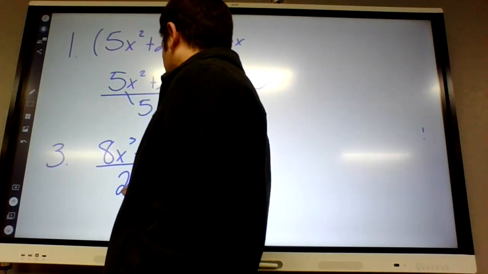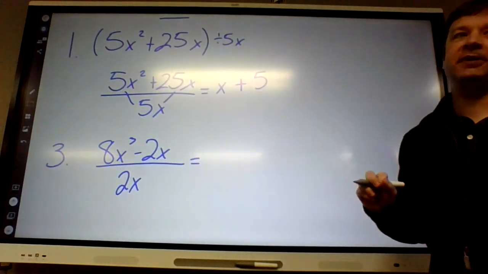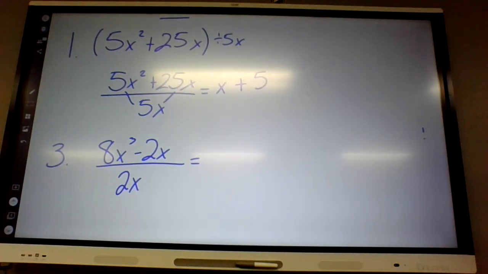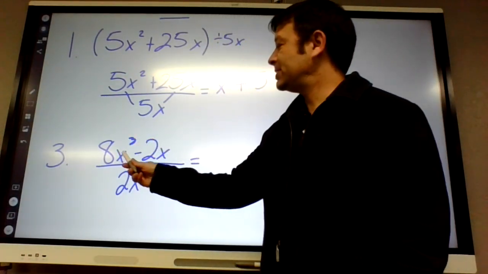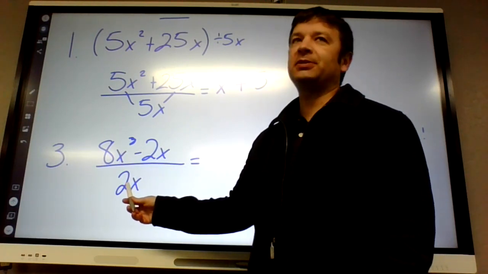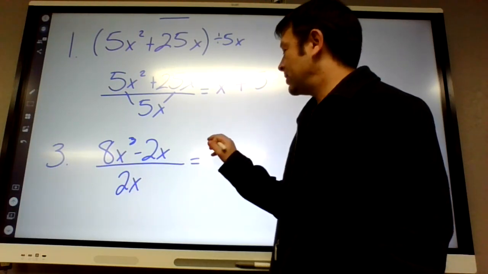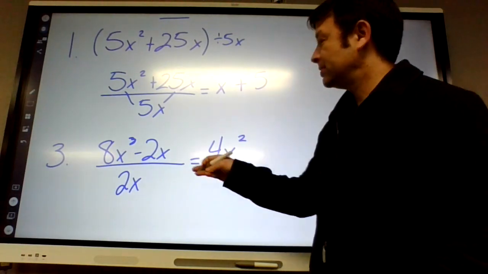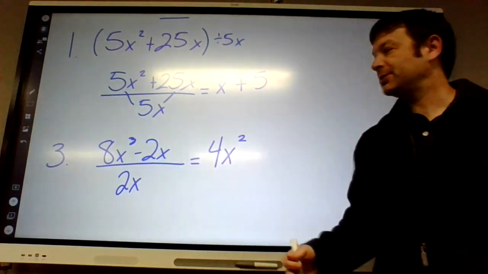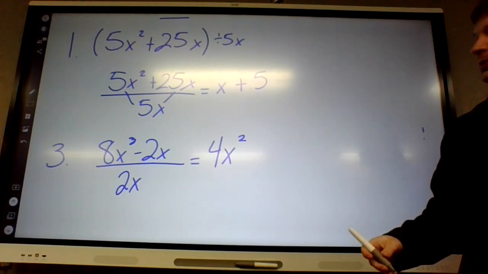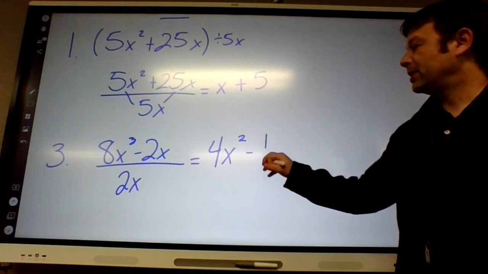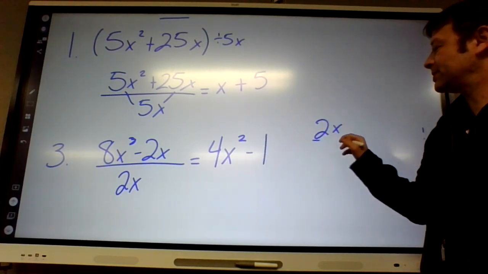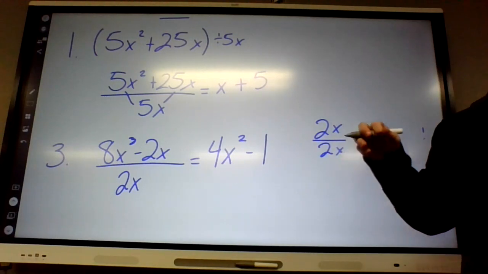Okay, a lot of people get this one wrong, even after I tell you. A lot of people will forget. So, what's 8x cubed divided by 2x? This is not a trick question. 4x squared, yes, because we're doing 3 minus 1 on the x's. Okay, and then what's 2x divided by 2x? Anytime you divide something by itself, like 2 divided by 2, it equals 1.